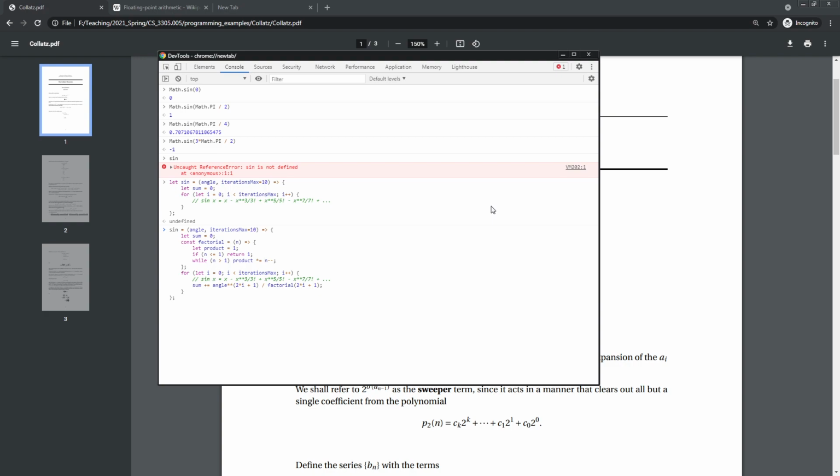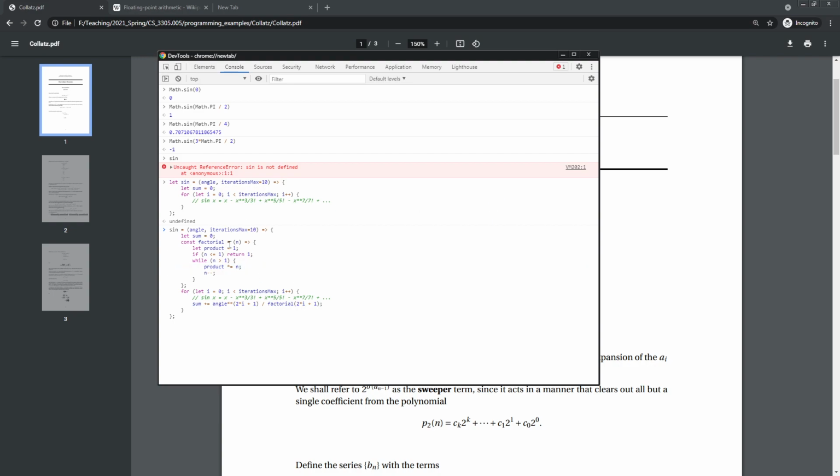But then we want to decrement it afterwards. So we can do this in 2 steps, right? Because there's always another way. So we can multiply our product times n, and then we can decrement n, where we can do it in a single line if we're comfortable with this syntax. But we can do it in 2 lines to make it a little bit clearer what we're doing. Okay? So we continue to multiply by n, and then we decrease.